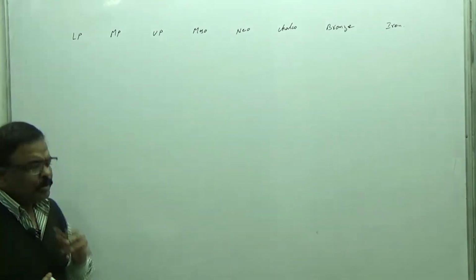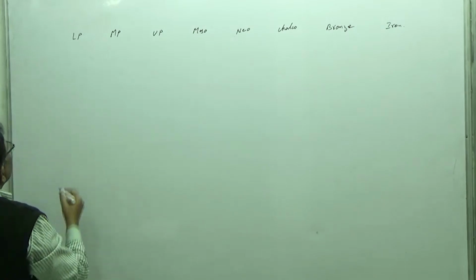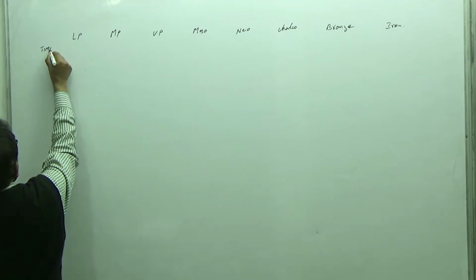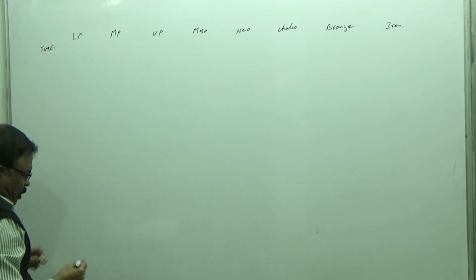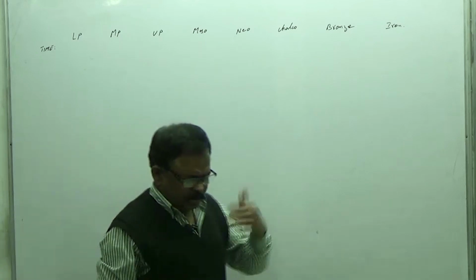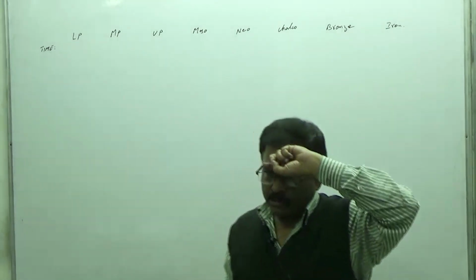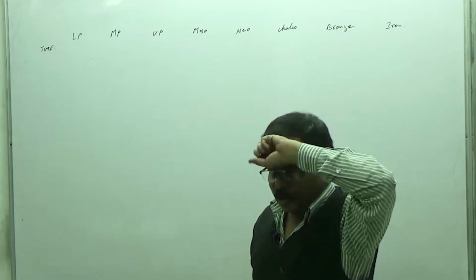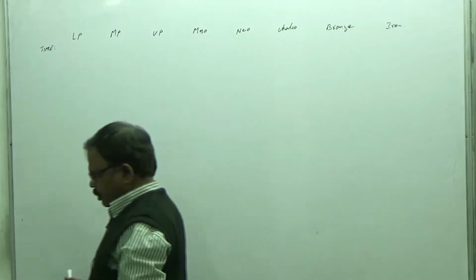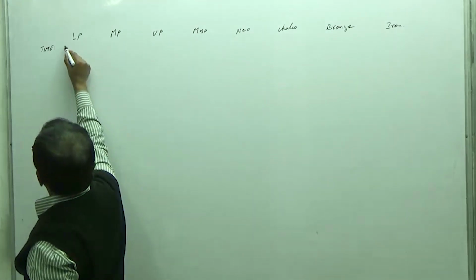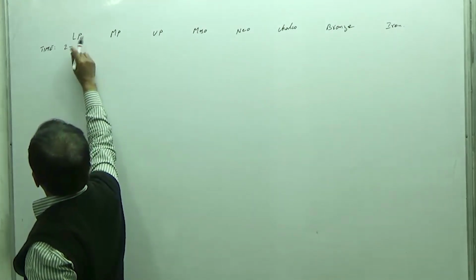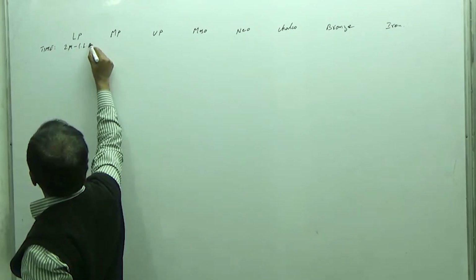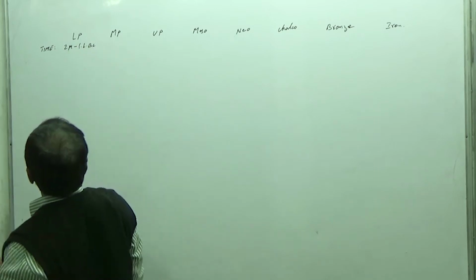Then tell me yourself, when these Lower Paleolithic cultures came into existence, when the cultures flourished actually, what is the time of Lower Paleolithic? 2 million to 1 lakh BC.